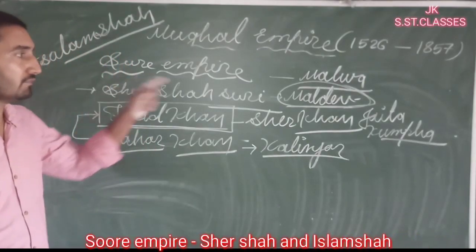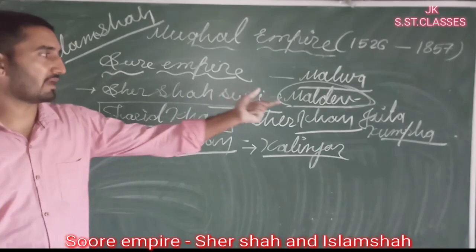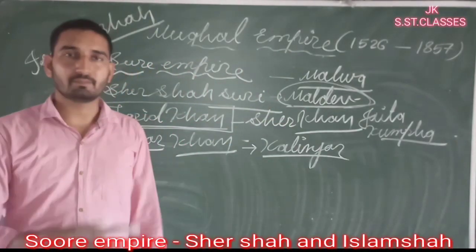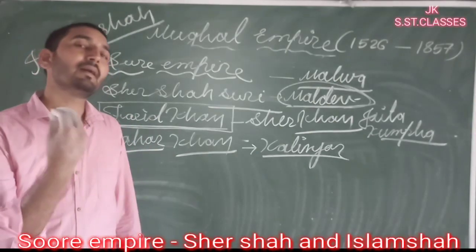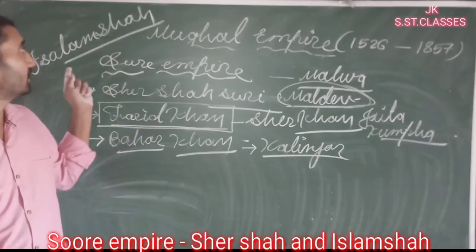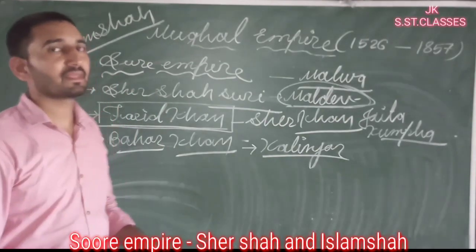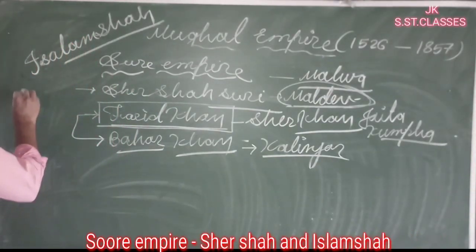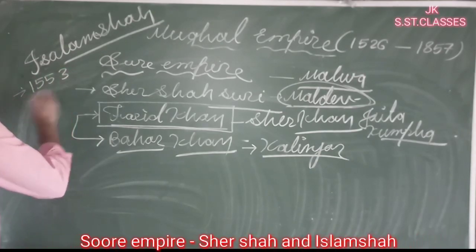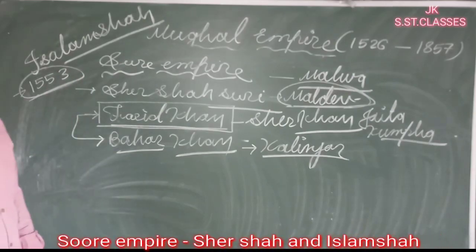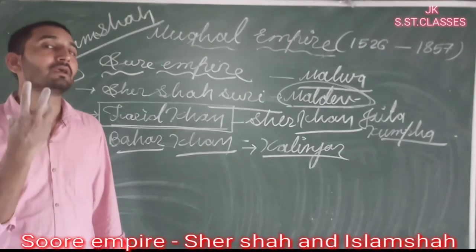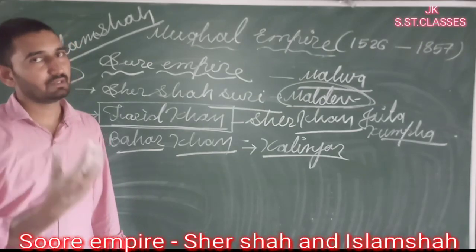Okay, so Maldev, who was defeated by Sher Shah, married his daughter with Alamshah, and in this way he reoccupied his region. To reoccupy the region of Marwar, he married his daughter with Alamshah, the son of Sher Shah. Alamshah ruled till 1553, and after the death of Alamshah, due to mutual disputes, finally the Soore dynasty started to decline.